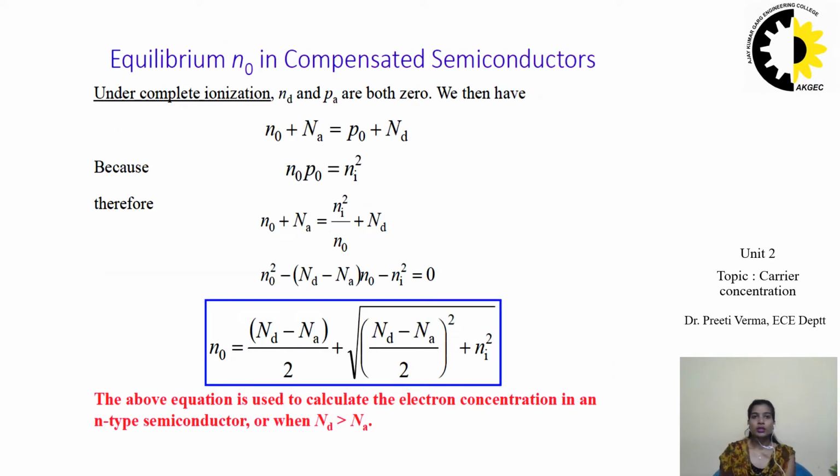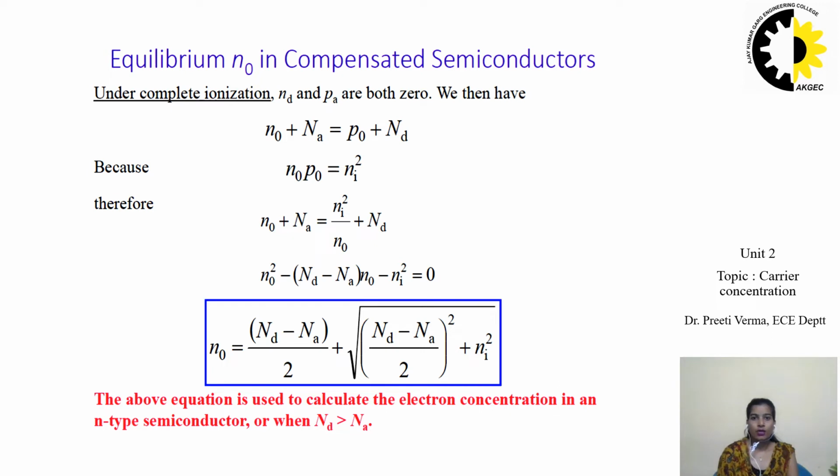Now the equilibrium n naught value in a compensated semiconductor. We have calculated the value of n naught for an intrinsic semiconductor and an extrinsic semiconductor. Now we will see how we can calculate it for a compensated semiconductor. Under complete ionization, nd and Pa are both 0.